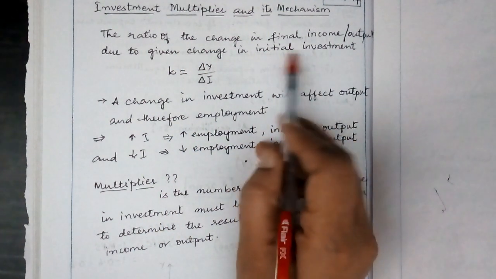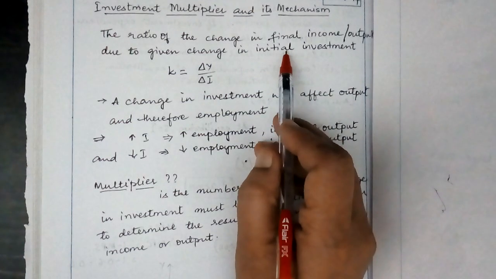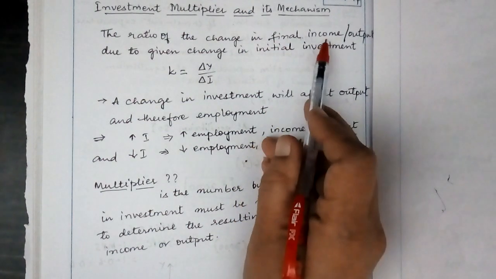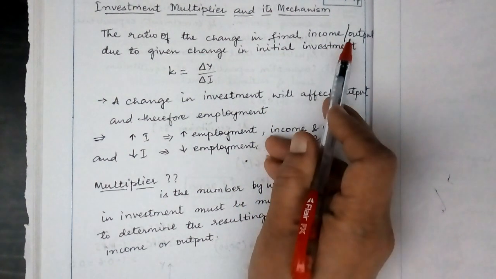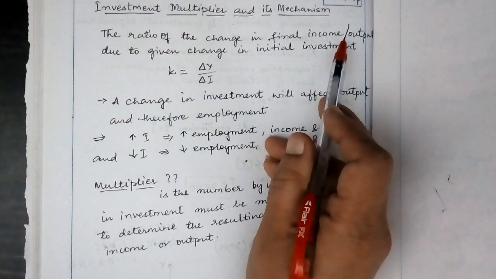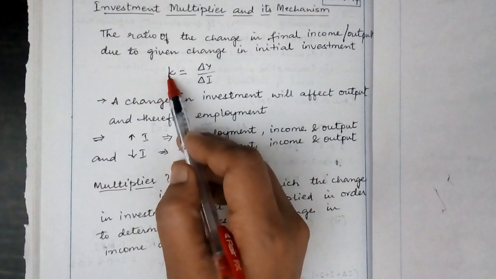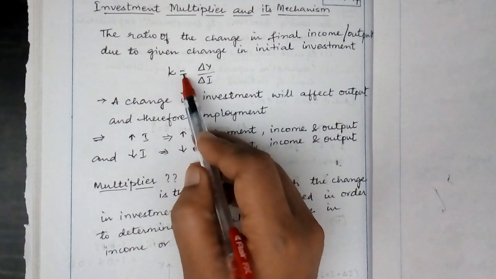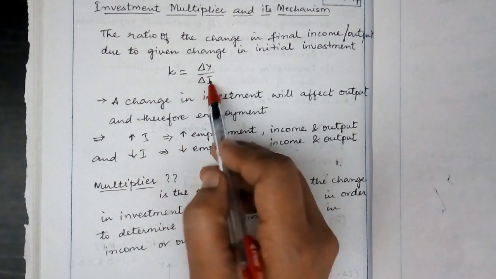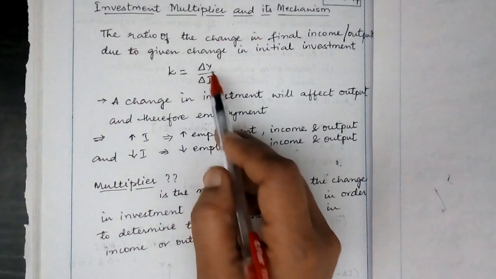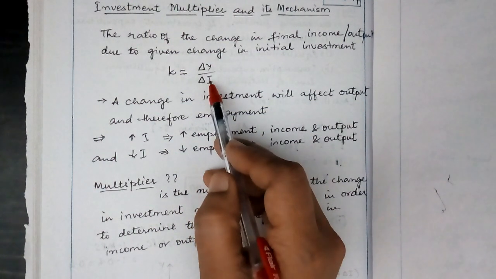So when a change in investment is brought about, we will find a change in the final income and output. Mathematically, the investment multiplier K is given by change in income divided by change in investment, or delta Y divided by delta I.